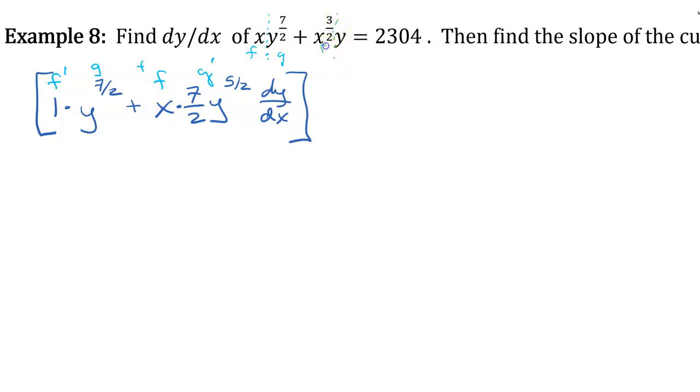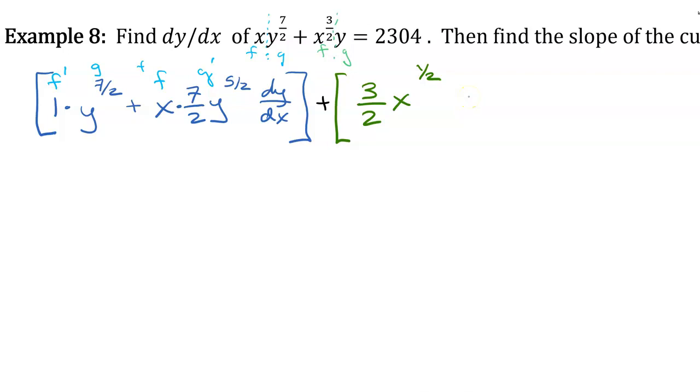The first will be the f, the second will be the g. So f prime, that would be 3/2 x and then go down a power.